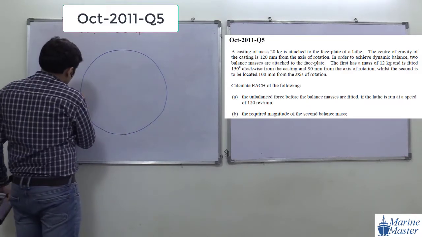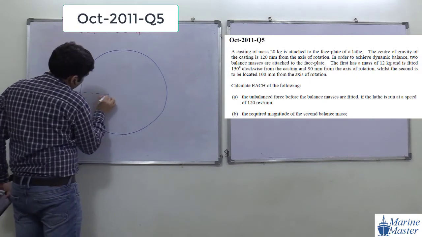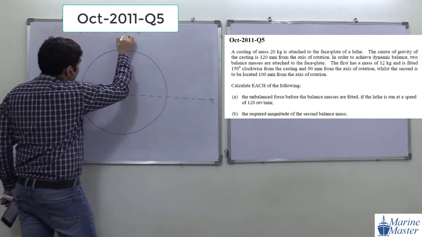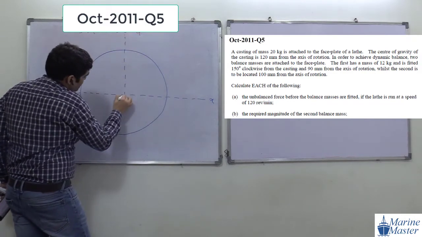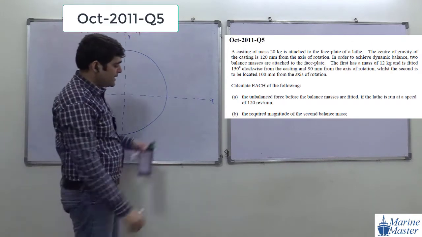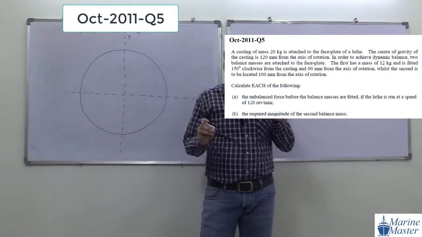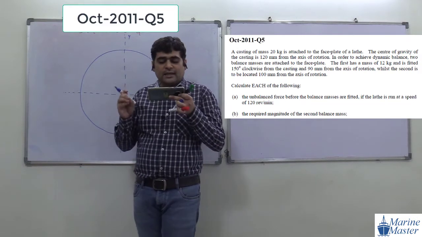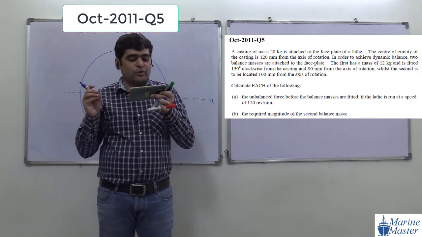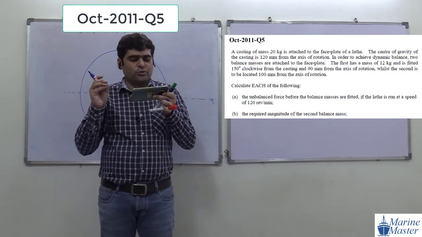As usual, our reference axis. This is our x direction, and this is our y direction. A casting of mass 20 kg is attached to a face plate of the lathe. The center of gravity of the casting is 120 mm from the axis of rotation.